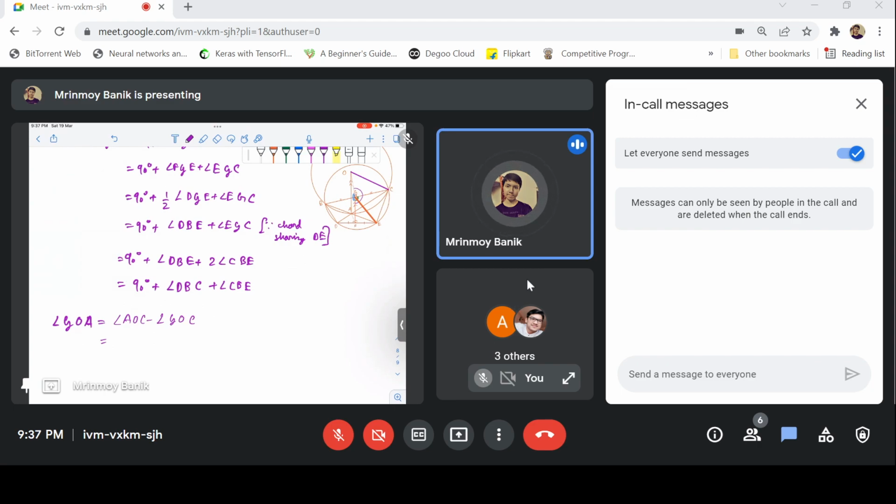What is GOC and AOC? AOC is the angle at the center, so it's twice angle ABC. Twice angle ABC minus GOC.